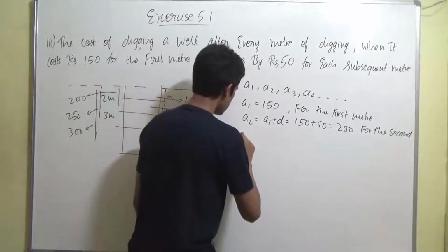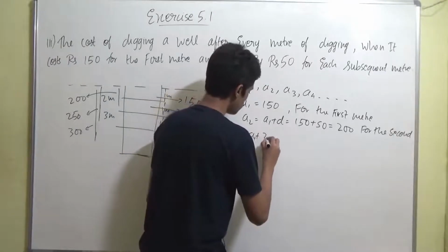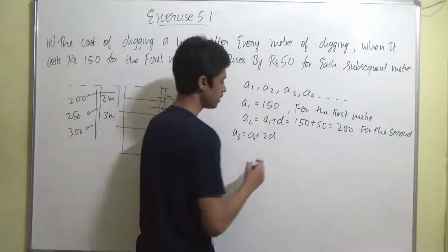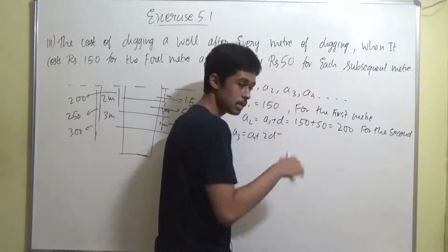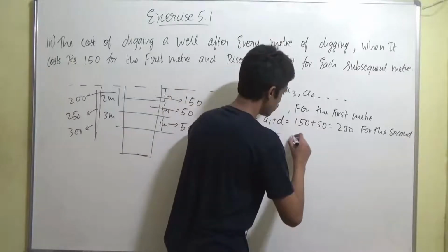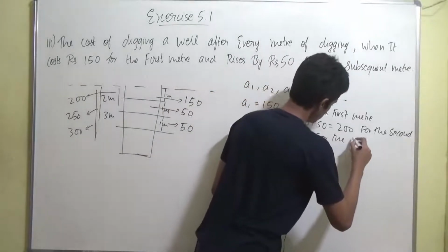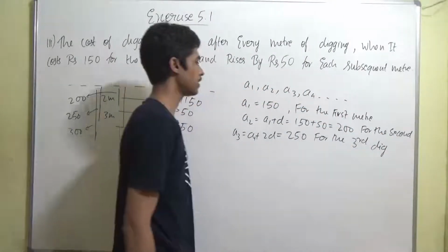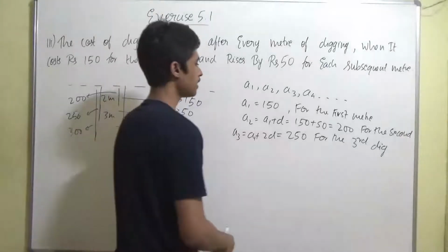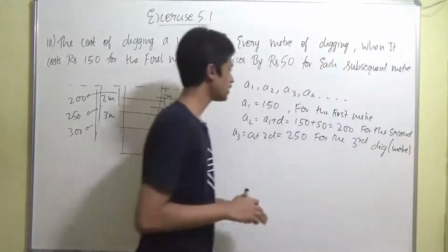And for A3, it's going to become A1 plus 2D, right? Getting it? Equal to 200 plus 50, another 50 rupees extra for the next 1 meter of digging, so it's going to become 250 after the third meter dug, right? After that it keeps on going.